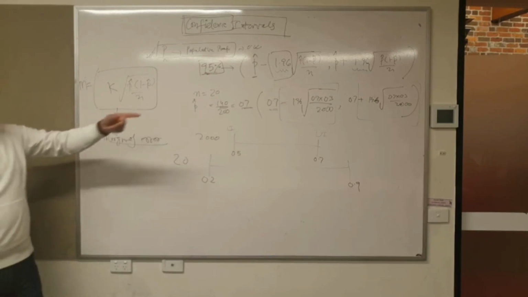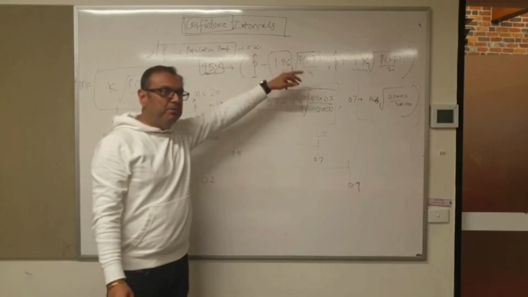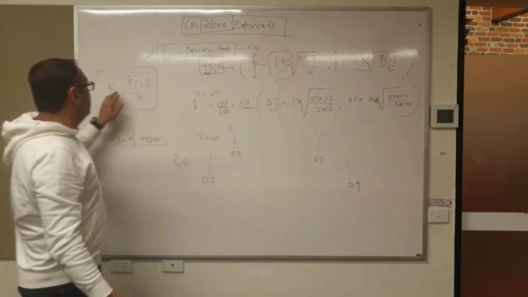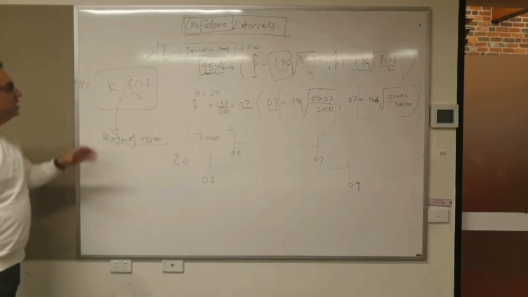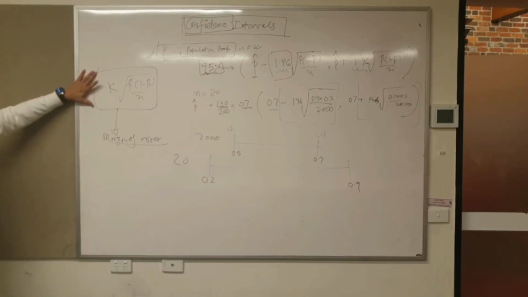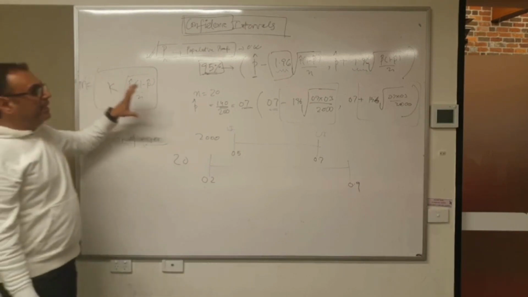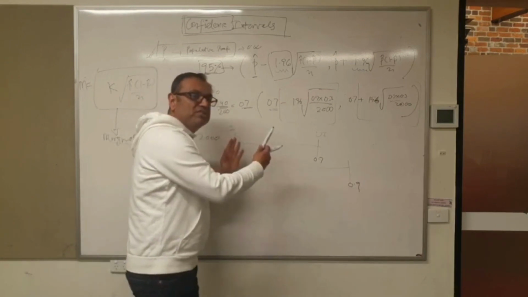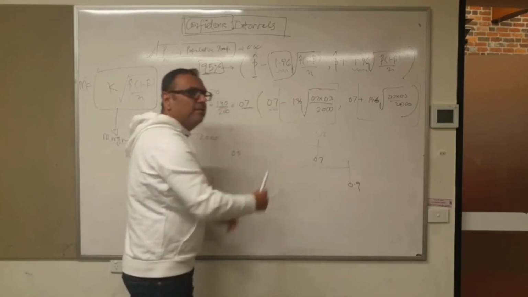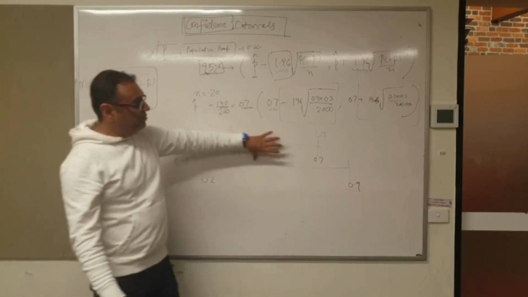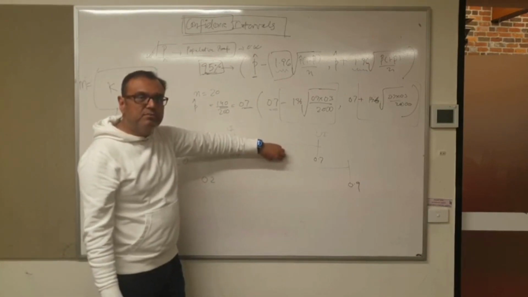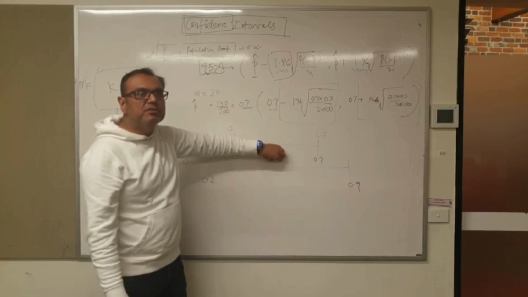So for 80%, I think, Chris, you calculated a number, right? For 95%, this k is 1.96, and so on and so forth. So this is the margin of error, and the more your sample size, the more narrow this interval is, right? You get better results.